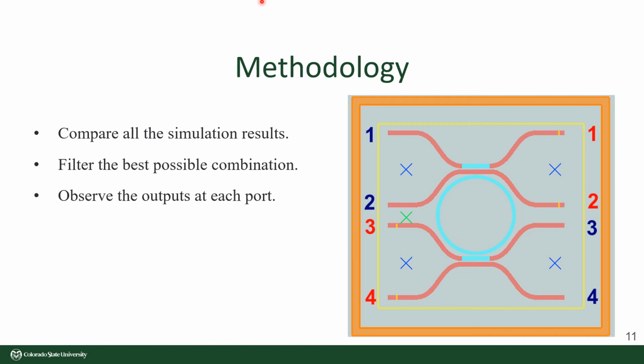The decision between 3 and 4 can be made by changing the refractive index of the bottom part of the ring, below the ring resonator. Similarly, for all the other input and output ports, we can control the optical signal by changing the refractive index of each of these three blue color materials that we can see in the figure.